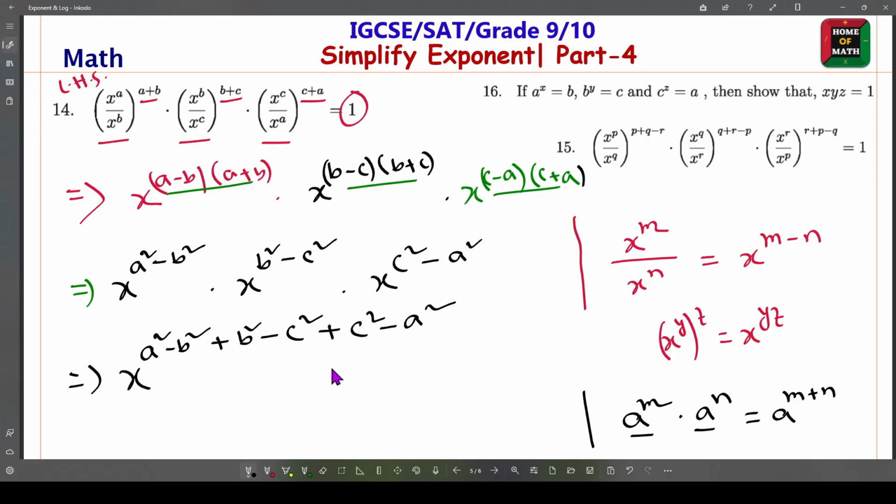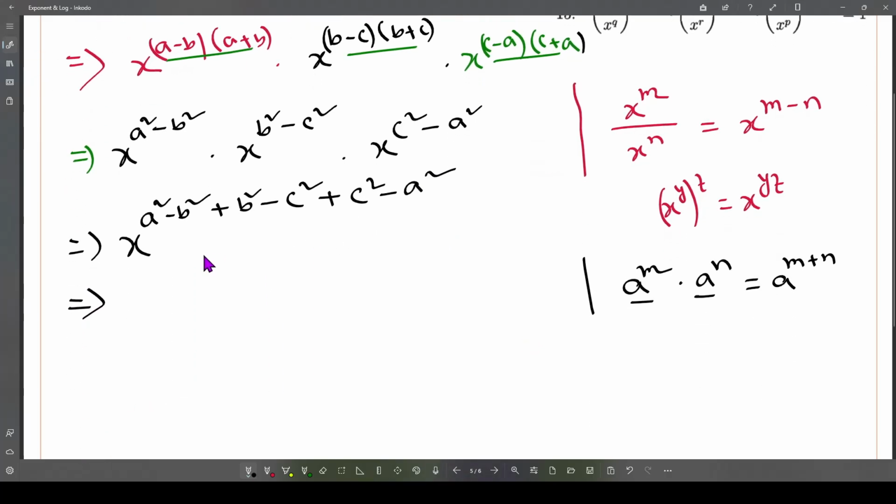Okay, then here is a square and here is minus a square, so we can cancel this one, minus b square plus b square cancel, minus c square plus c square cancel. So ultimately here is x to the power 0. We know a to the power 0 means 1, so x to the power 0 is 1.